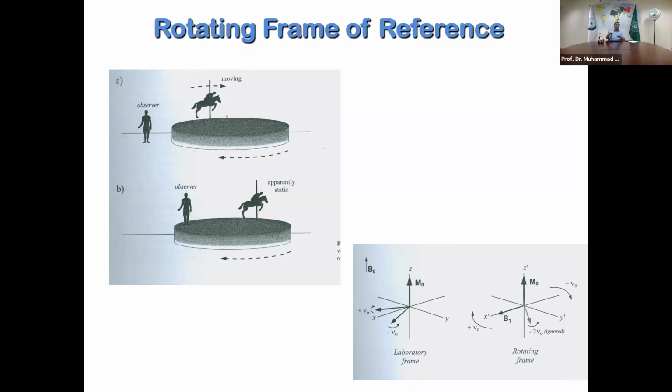Though you are actually moving at 300 kilometers per hour, in the rotating frame of reference your train with time is going backward and the other train is moving forward.